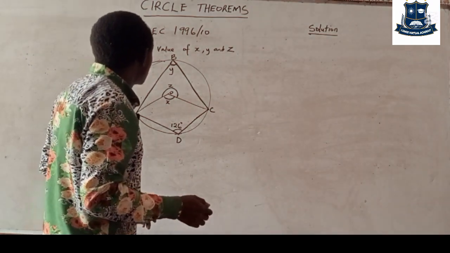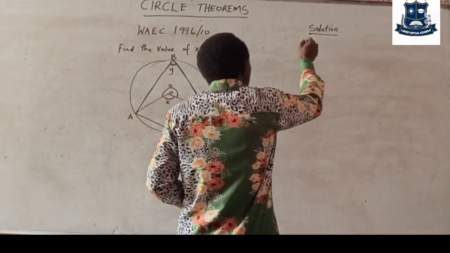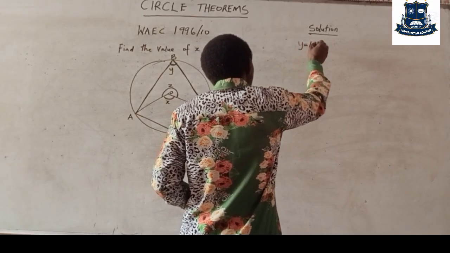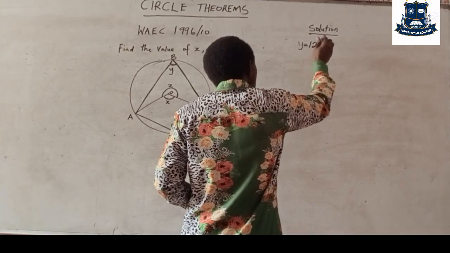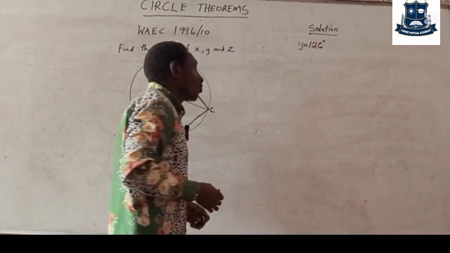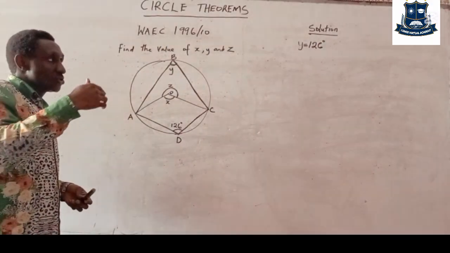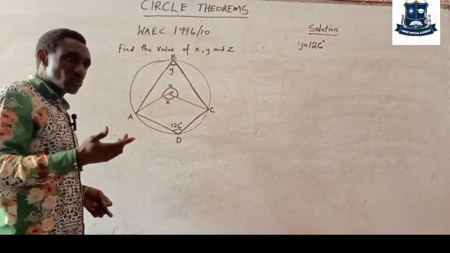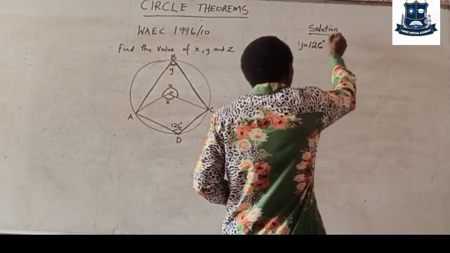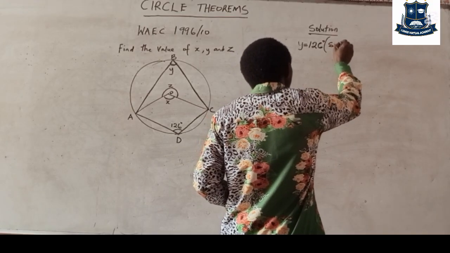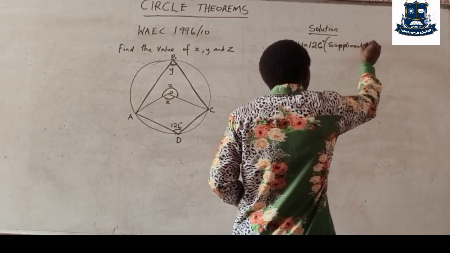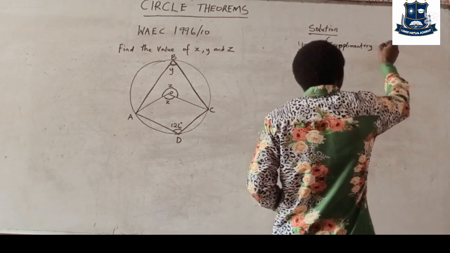So I could simply say that y equals 106 degrees. Why? Remember, when you make a statement, you have to tell us the reason, which theorem it comes from. So this is simply supplementary angles.